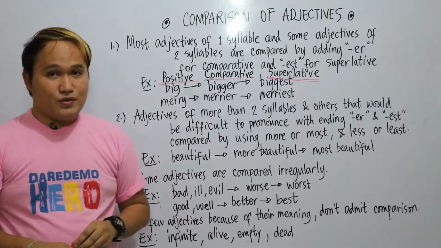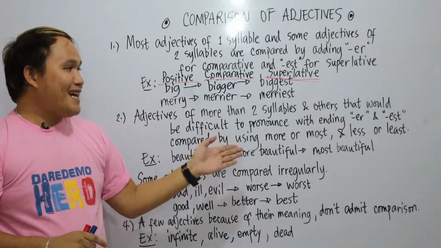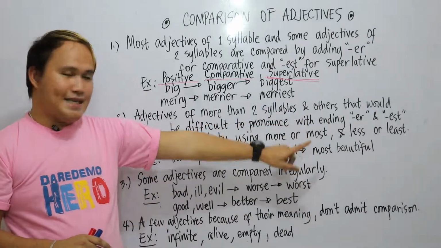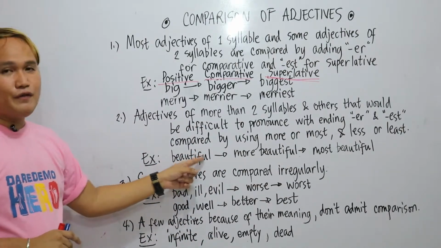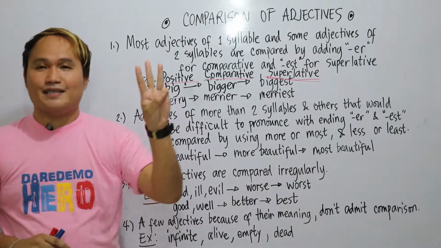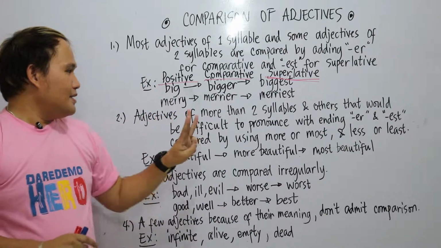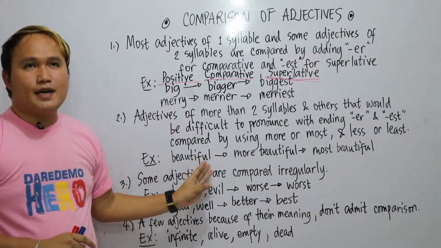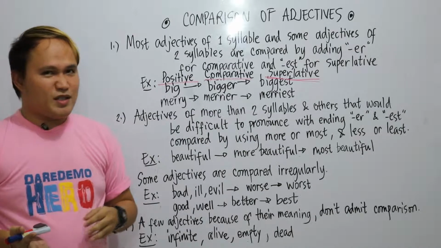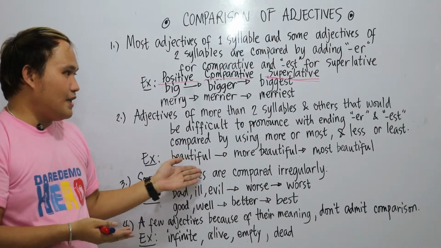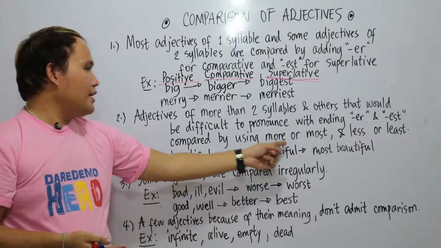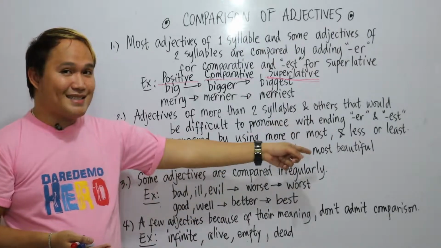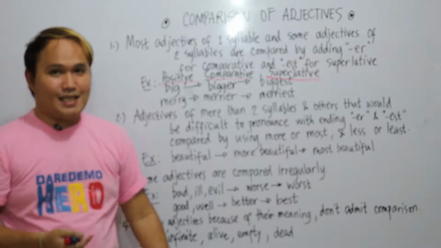Next, a rule is for adjectives that have more than 2 syllables and others that will be difficult to pronounce. Don't just add ER and EST. For example, beautiful has 3 syllables. Since we would be having a hard time pronouncing this word with ER and EST, we have to put more and most or less or least instead.